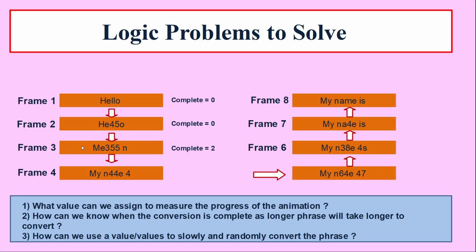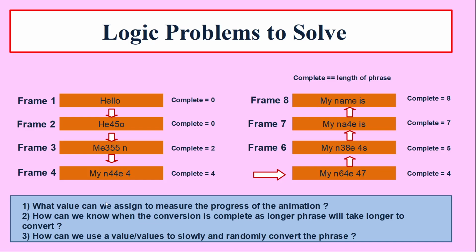In the third frame we have 2, so we can increase the complete flag to 2. As we go through the frames, at the end we can do a check: if the complete flag equals the length of this phrase, then we know that it's completely changed, and the conversion has finished.